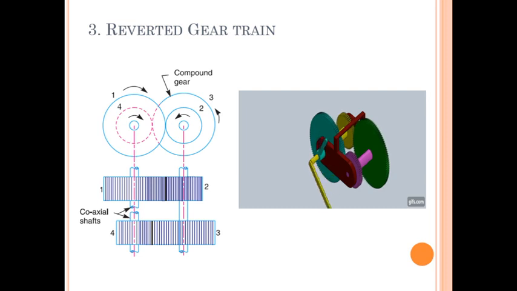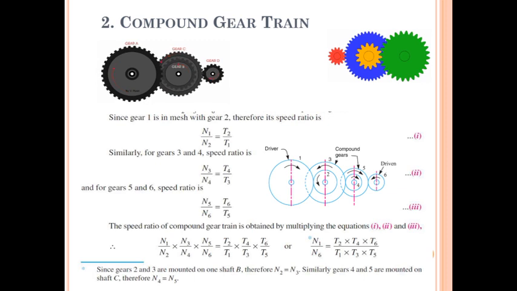I forgot to tell you the applications of the compound gear train. You can use this compound gear train where you have to bridge the gap between input and output shaft, as well as where you have to reduce or increase the velocity ratio drastically.